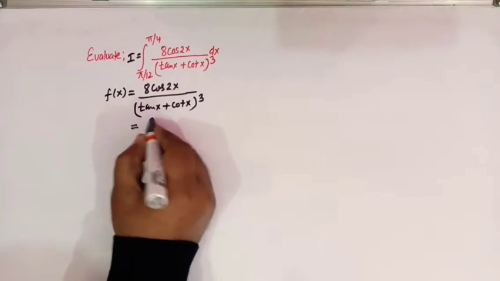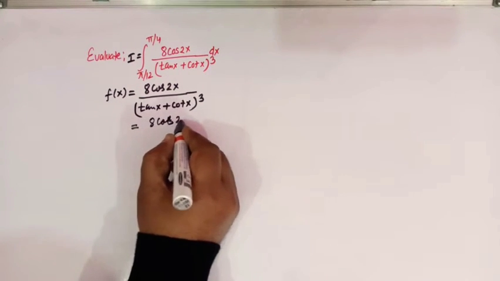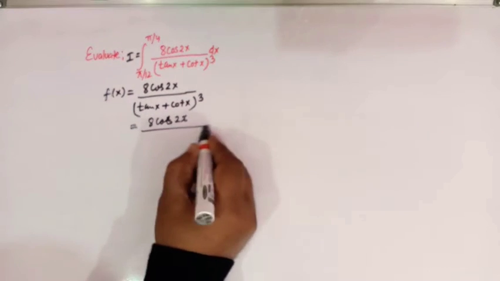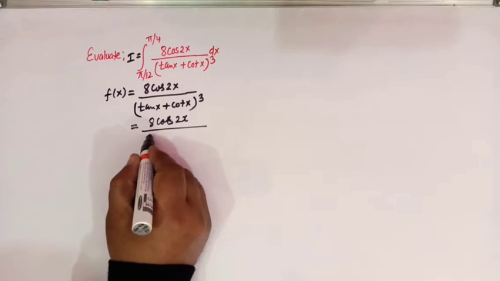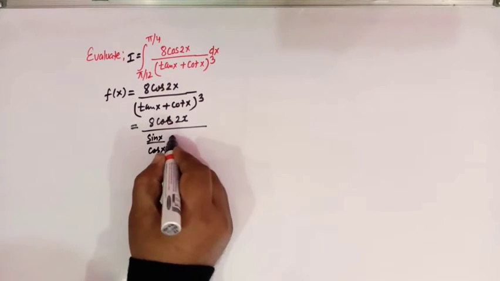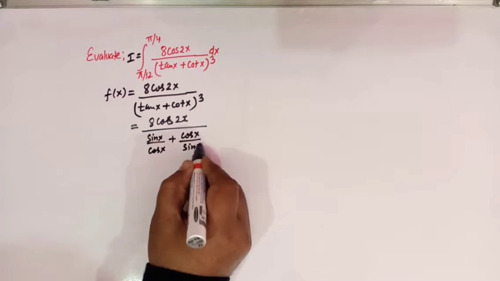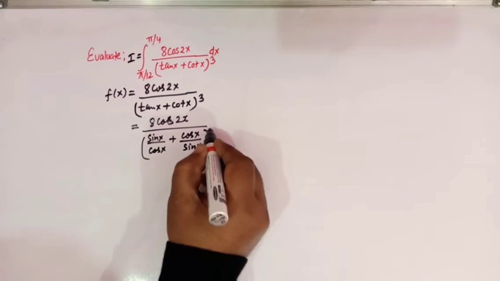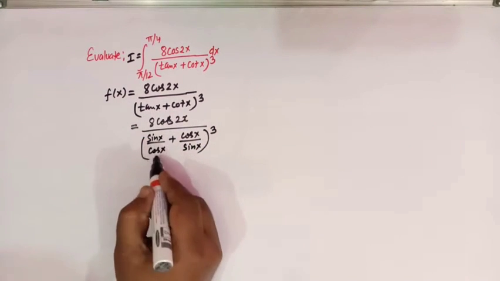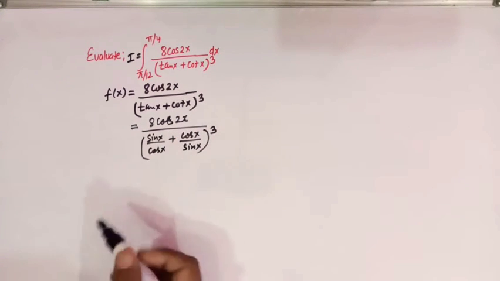Now we can rewrite it as 8 cos 2x divided by (sin x over cos x plus cos x over sin x), because tan x is sin x over cos x and cot x is cos x over sin x.